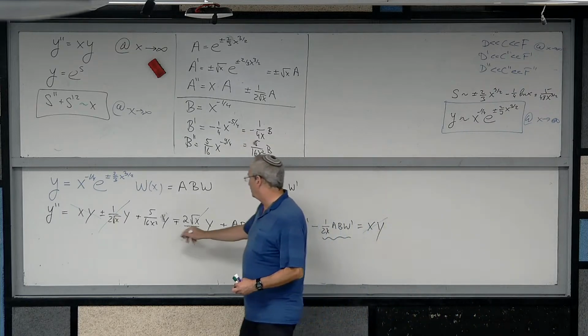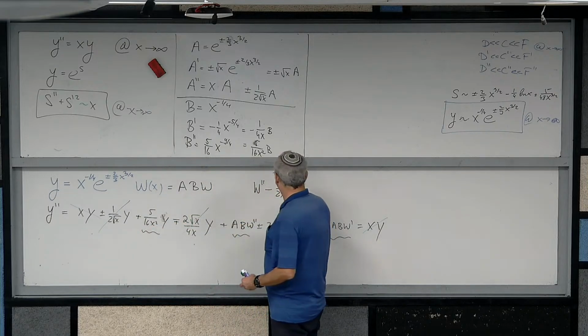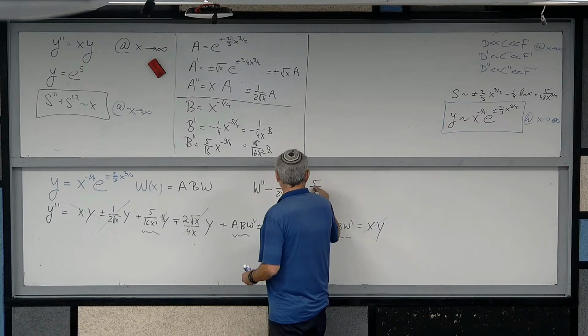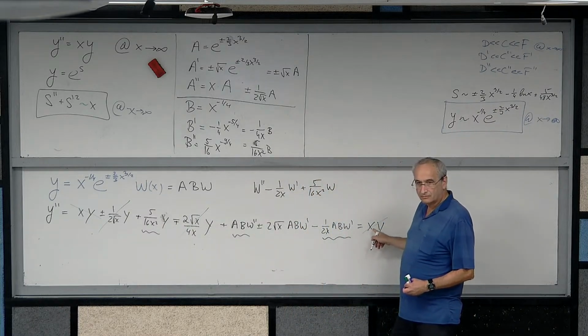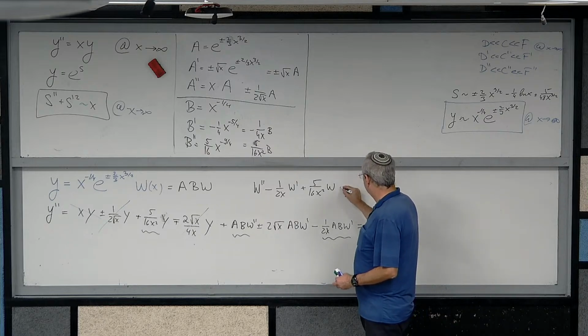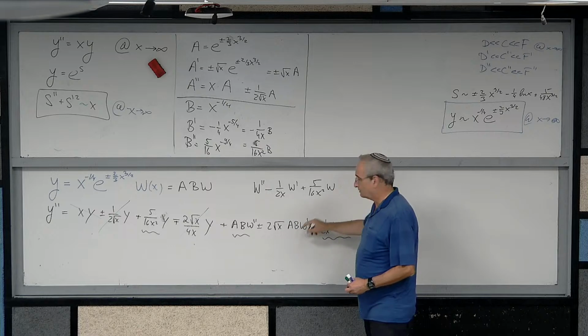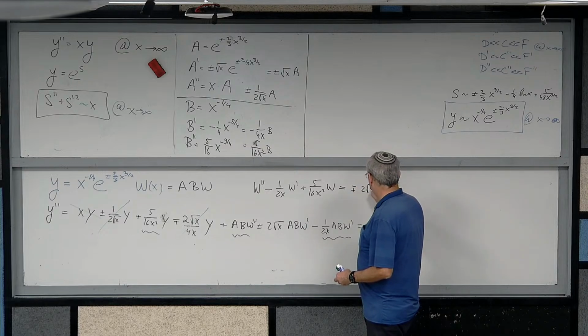And I have this one, again, y divided by AB is w, so I have plus 5 over 16x squared times w. Okay? And you have another term, this one. So this is equal to, or asymptotic to, if you like, minus plus 2 square root of x w prime.